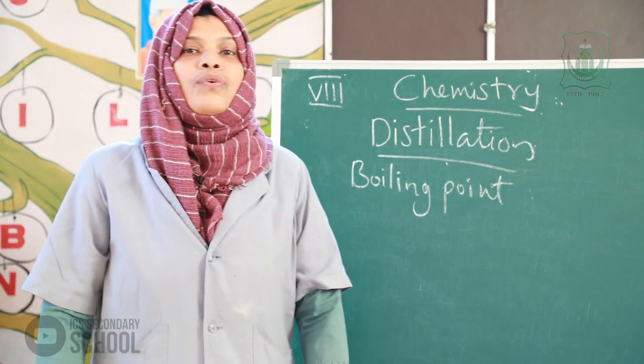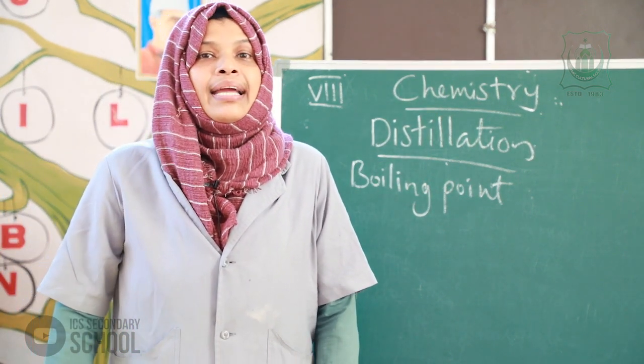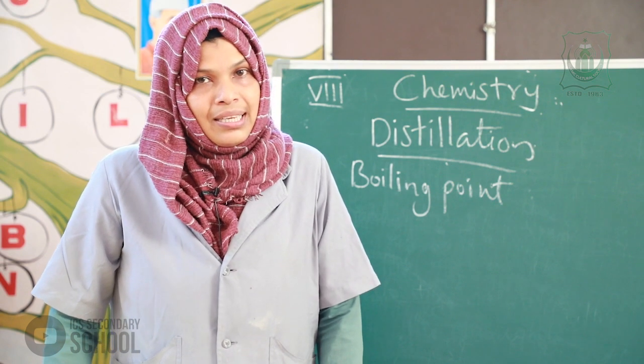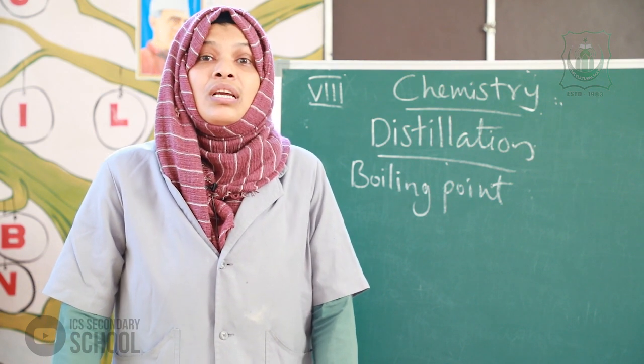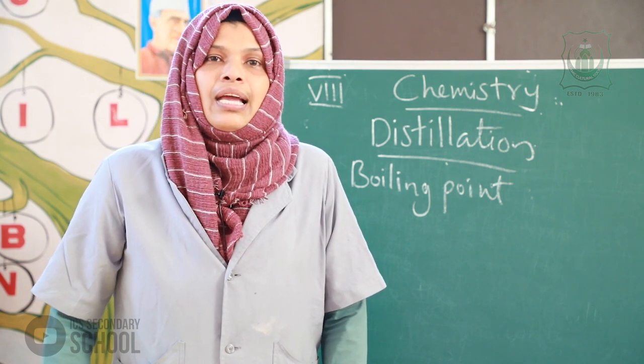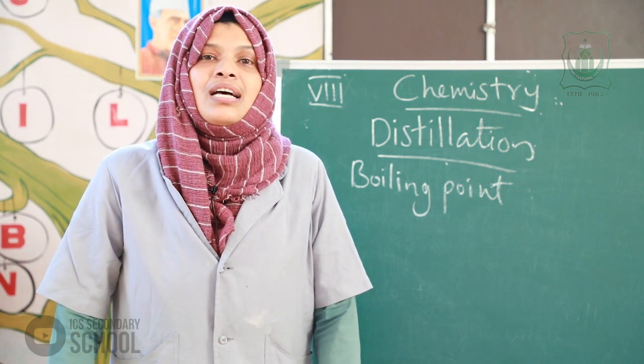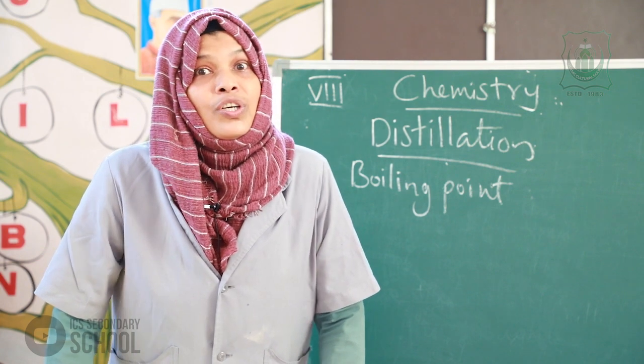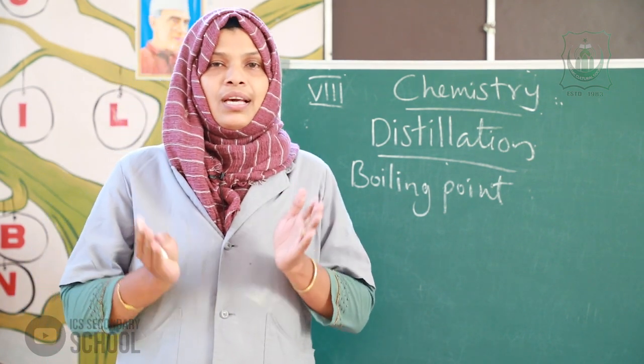For example, a mixture of water with acetone. Water has a boiling point of 100 degrees Celsius and acetone 56 degrees Celsius. Distillation can be used. And you know that ordinary water contains many minerals.